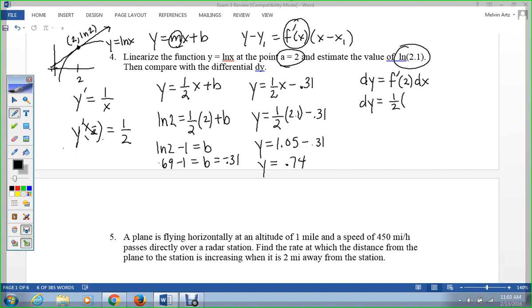Now see, our value that we're looking at is a equals 2. Now, if we're trying to evaluate 2.1, what is the change in the x value from 2 to 2.1? That's what we're plugging in for dx. So we have 0.1 divided by 2 gives us 0.05.